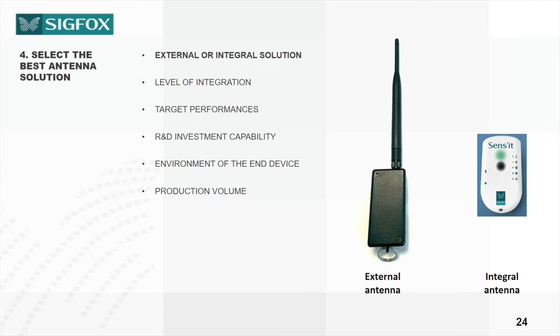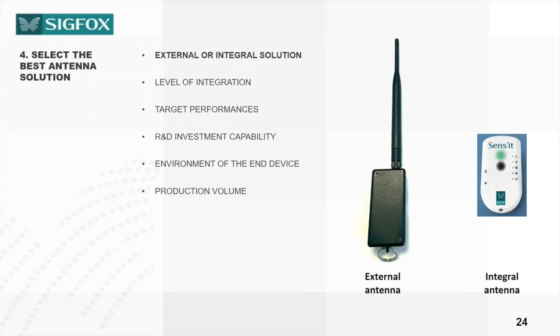Integral antennas, of course, if you want to build a very nice device, are the right solution. But if you really want to have best-in-class radiated performance, it might not be the best idea. Especially if you don't want to invest too much in the antenna design, then an external solution could be a good solution.